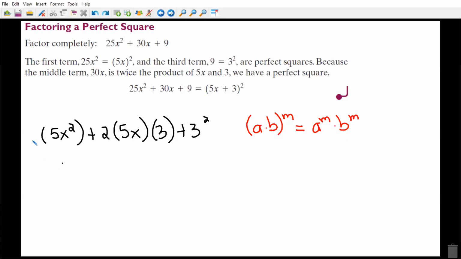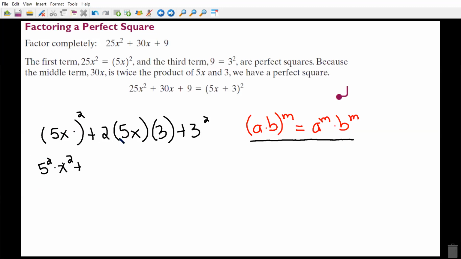So this 2 cannot go here. It has to be outside. That means that if I use this property, I am going to have a 5 squared times x squared.